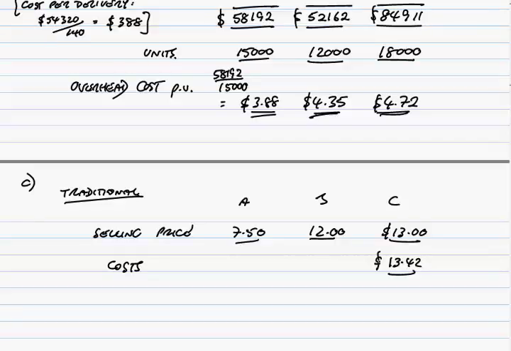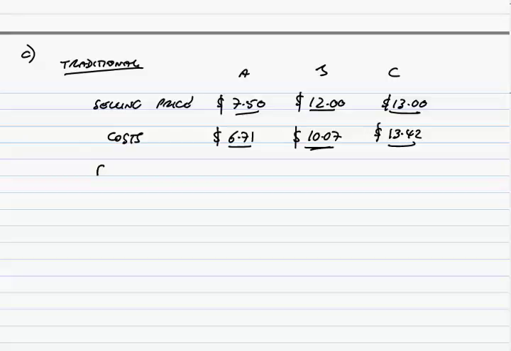What were the others? $10.07 and A was $6.71. And so the profits per unit under that approach, A, a profit of, I think it's 79 cents. I better check. 7.50, 6.71. Yeah, 79 cents. B, $1.93. And C's loss making, a loss of 42 cents.